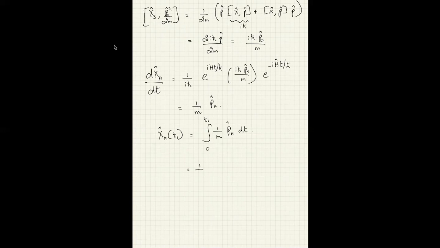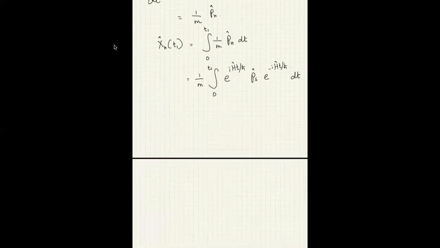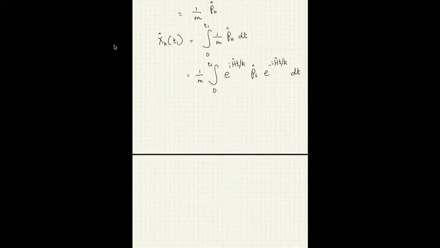This is equal to 1 over m integral 0 to t1 e^(iHt/ħ) p_Schrodinger e^(-iHt/ħ) dt. Make sense? Yes or no?